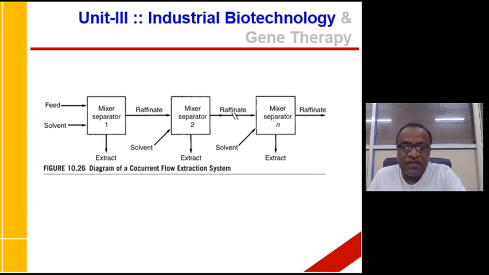The feed and extracting solvent passes through the cascade in the same direction. You can see the arrow marks. It is passing through the same direction, and extract is recovered from each stage. So you can recover the extract from separator 1, separator 2, and you can go up to separator n.